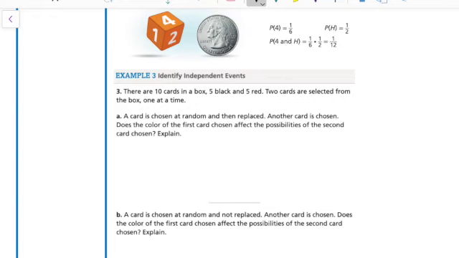We're going to select from the box one at a time. If a card is chosen at random, then replaced, the key word here is replaced, and another card is chosen, does the color of the first card chosen affect the probability of the second card? Well, no, because all cards are still possible the second time around.